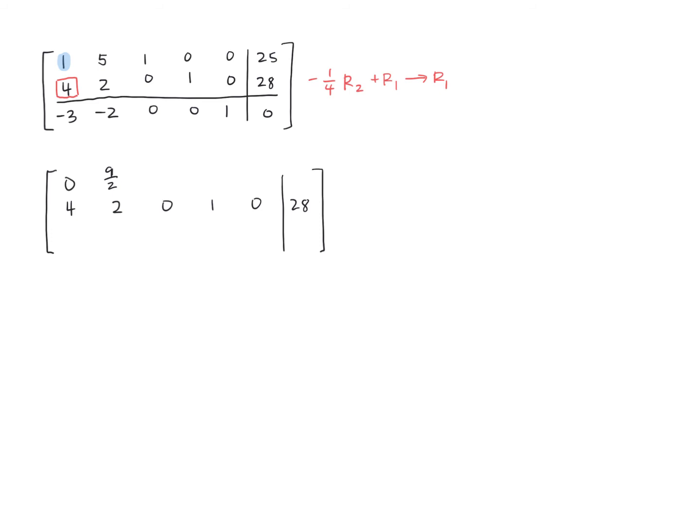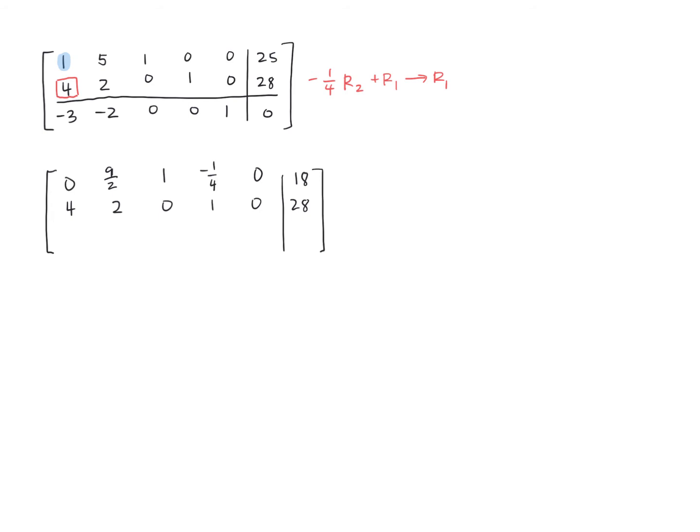Okay, -1/4 times 0 is 0, plus the 1 is 1. -1/4 times 1 is -1/4, plus the 0, -1/4. -1/4 times 0 is 0, plus 0 is still 0. And then -1/4 times 28 is -7, and -7 plus 25 is 18. All right, so that's how I get my top row.